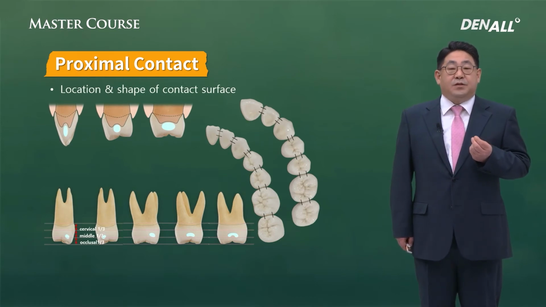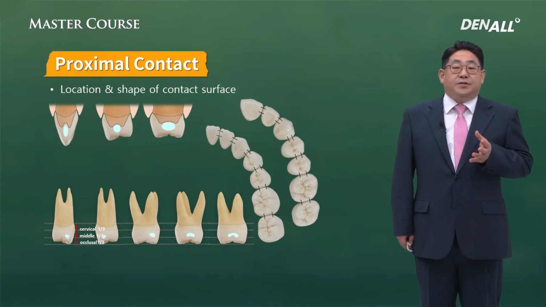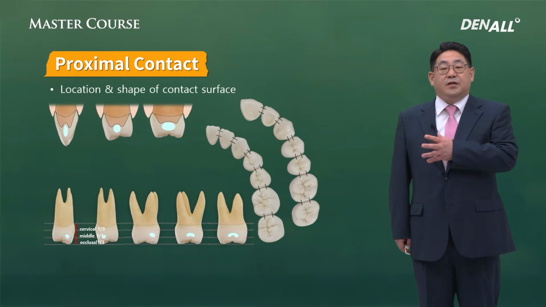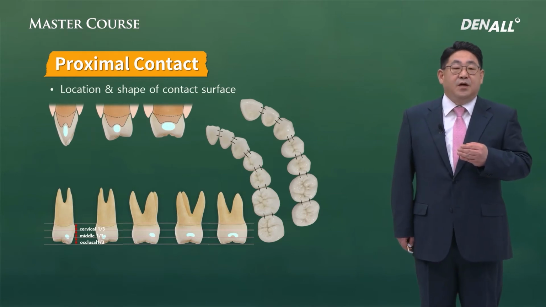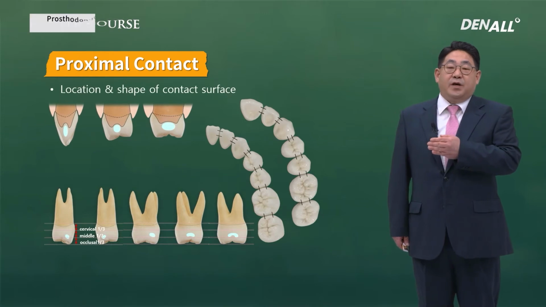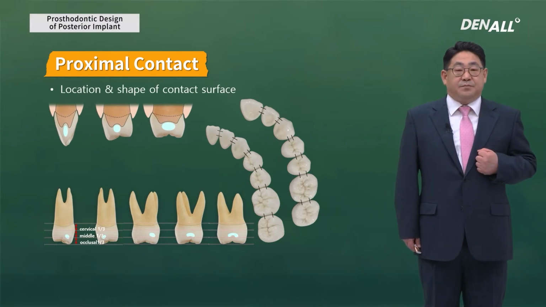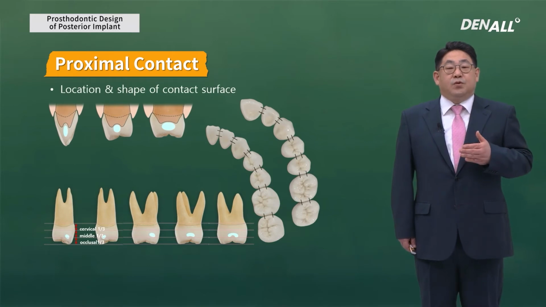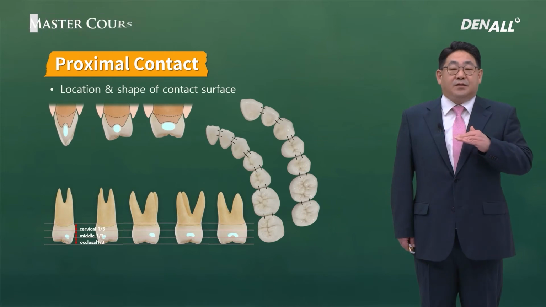And the buccolingual position of proximal contact in premolar, it is in between the buccal third and middle third. However, this moves towards middle third in the posterior area. The proximal contact height should be in between the middle third and occlusal third in such border. This is the morphologically ideal form.